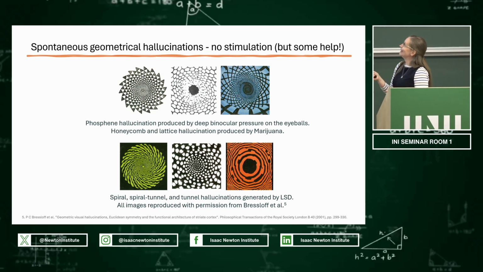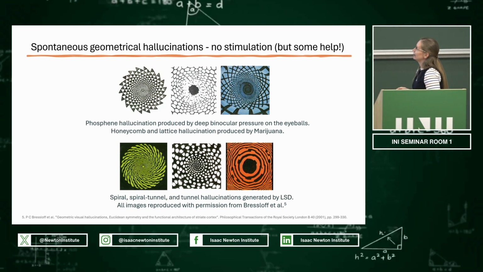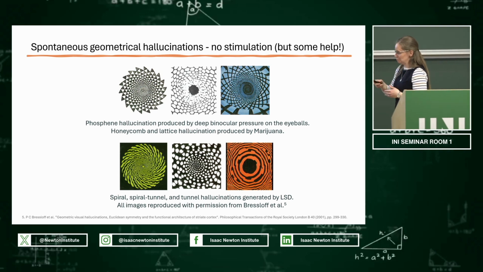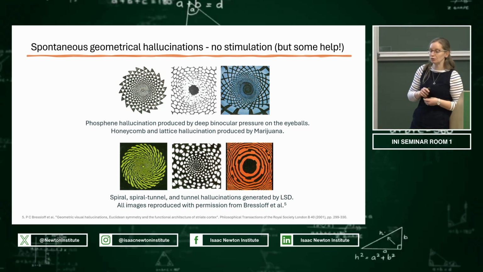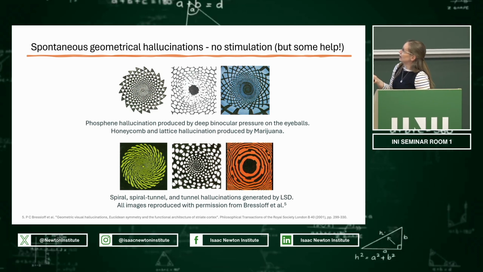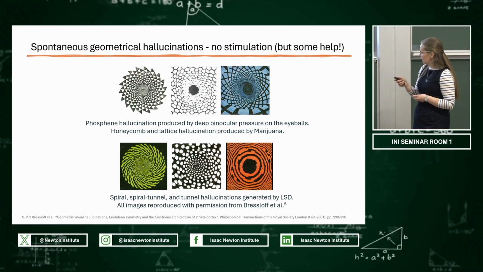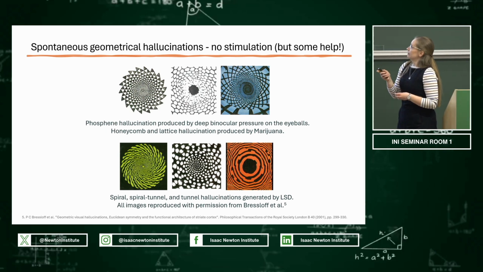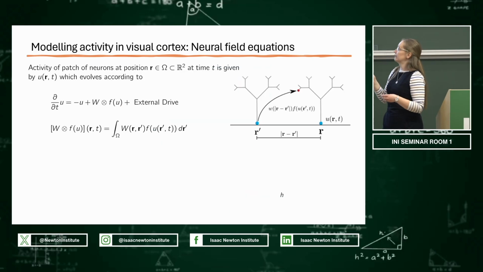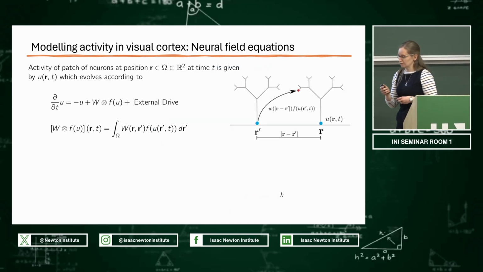But people do report seeing these geometric hallucinations without any visual input. So blind people also report these hallucinations, these form constants of honeycombs and lattices and spirals and tunnels. And so these can be generated in a neural field model without any external drive.